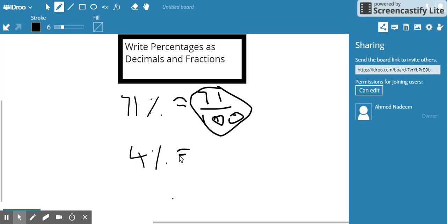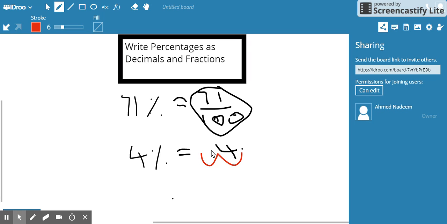Next, we're going to turn 4% into a decimal. Right now it's 4 with a decimal point after it. To make it into a decimal, you have to divide it by 100, so you move the decimal point 2 places.